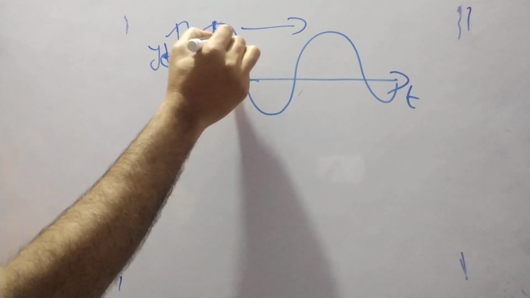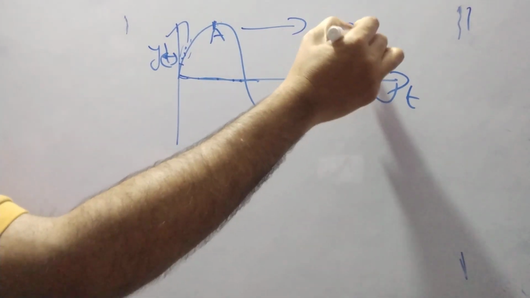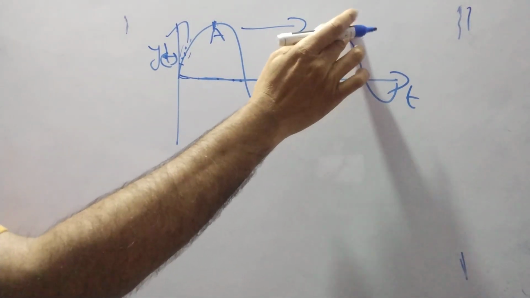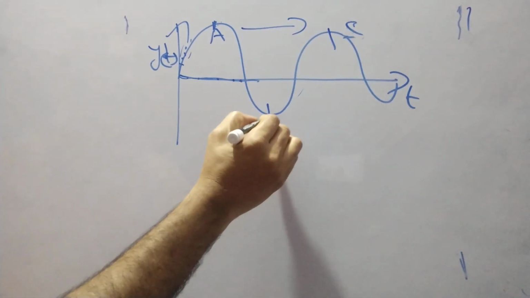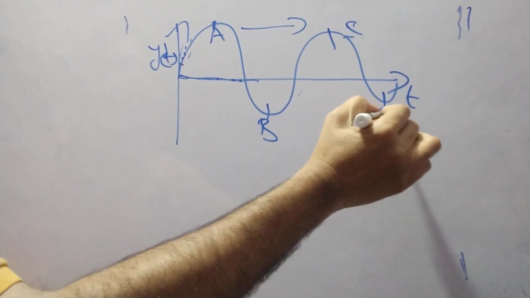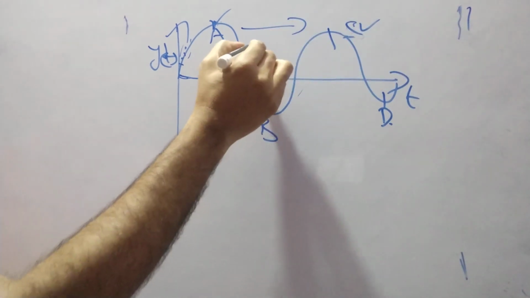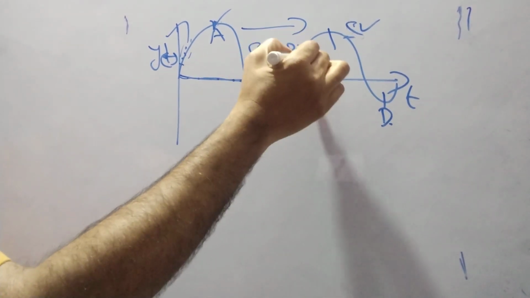Now this is point A, this is point B, this you can take as C, and this is D. A and C are known as crests.